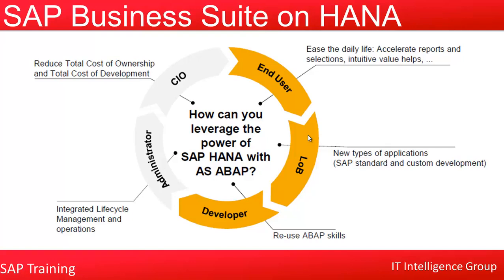The ABAP programs which run in a non-HANA, non-in-memory database, say Oracle, SQL or DB2, are what we are talking about. If your ECC is running on this type of database and you are coming to HANA, you need to find out which transactions are taking more time and what needs to be done.